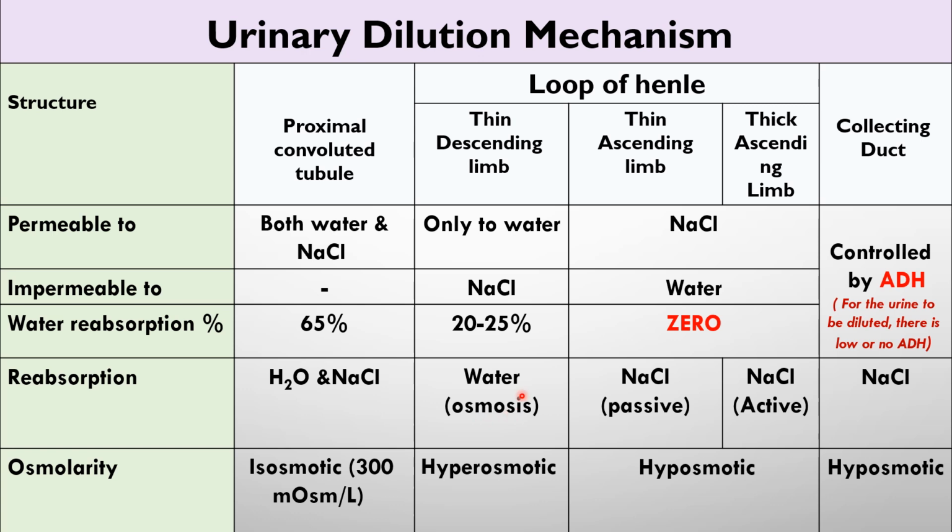Water reabsorption in the descending limb happens by osmosis. In the thin ascending limb, sodium chloride absorption happens by passive transport. In the thick ascending limb, sodium chloride transport happens by active transport. In the collecting ducts, the reabsorption of sodium chloride happens.